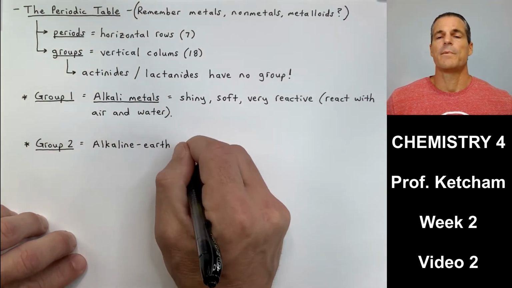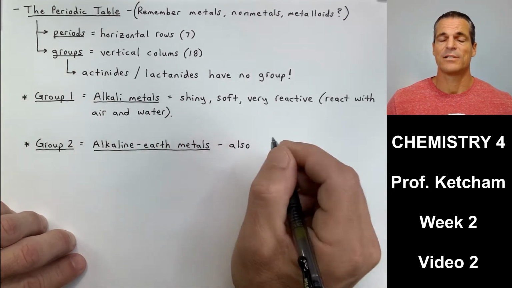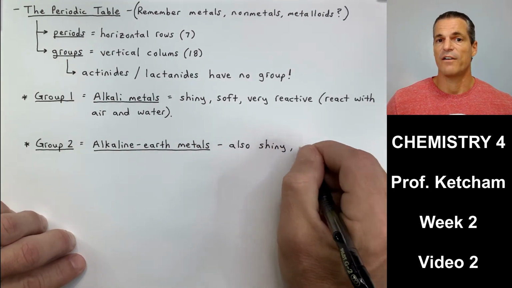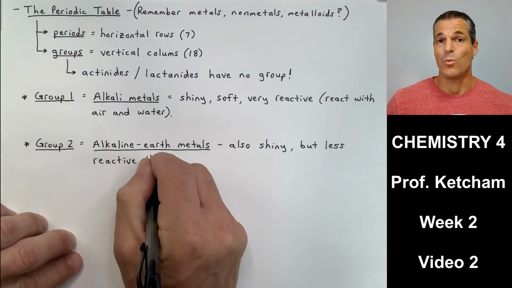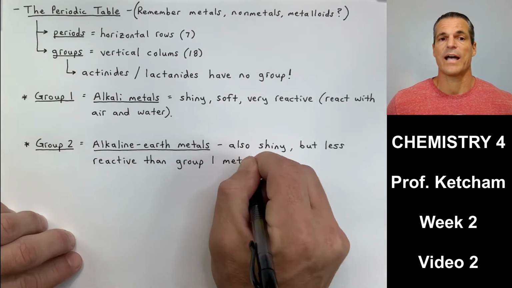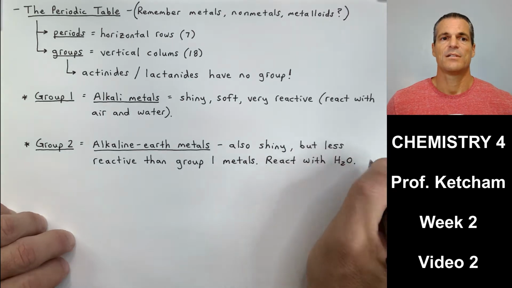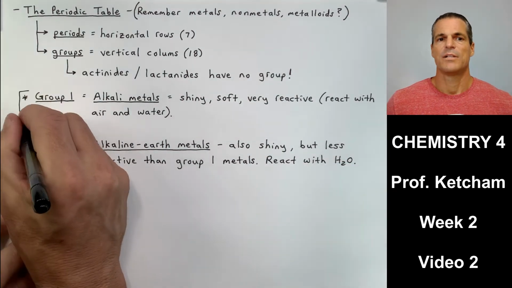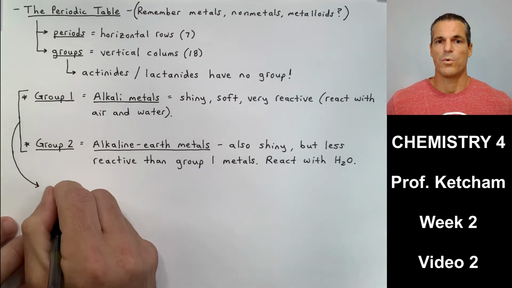Some important groups are group 1, the alkali metals. These are shiny, soft, very reactive, and they react with air and water. When they're stored, they're actually stored in oil because they're so reactive. Group 2 are the alkaline-earth metals. These are also shiny, but less so, and less reactive than the group 1 metals.